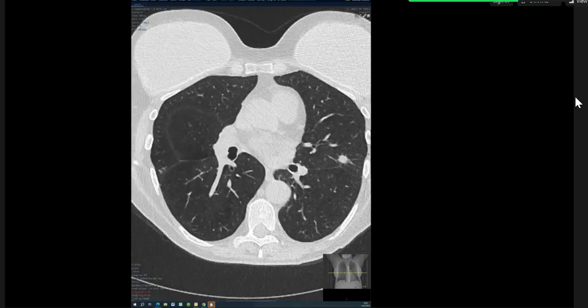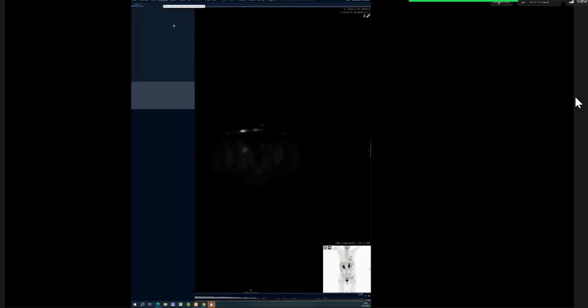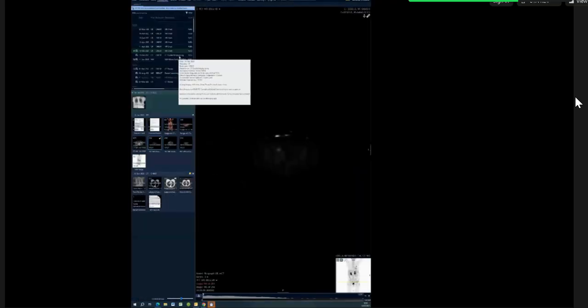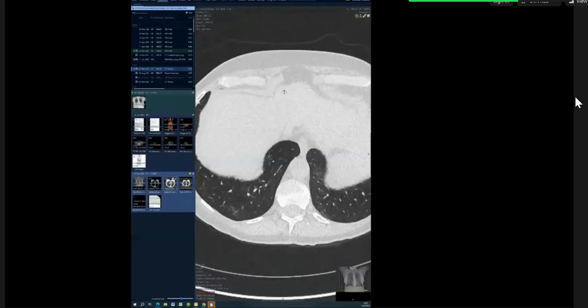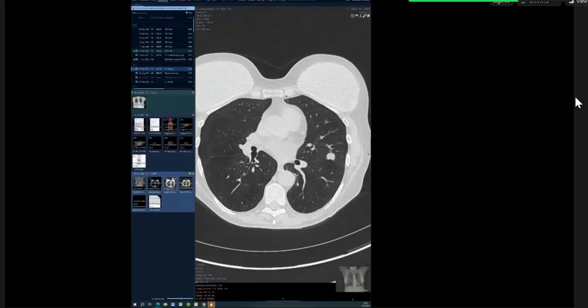Yes. Okay, let's assume there isn't any. I think we've done a PET scan and there wasn't anything. So if it's an isolated abnormality, what do you want to call it? What do you want to do to it?